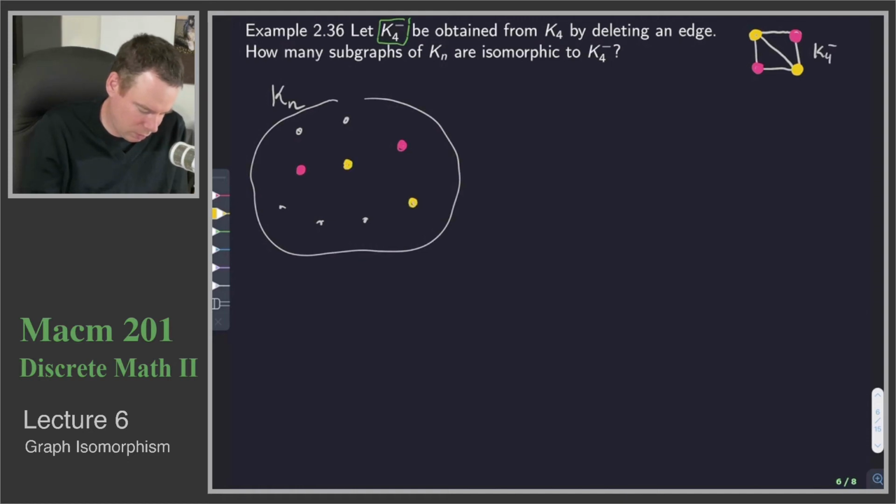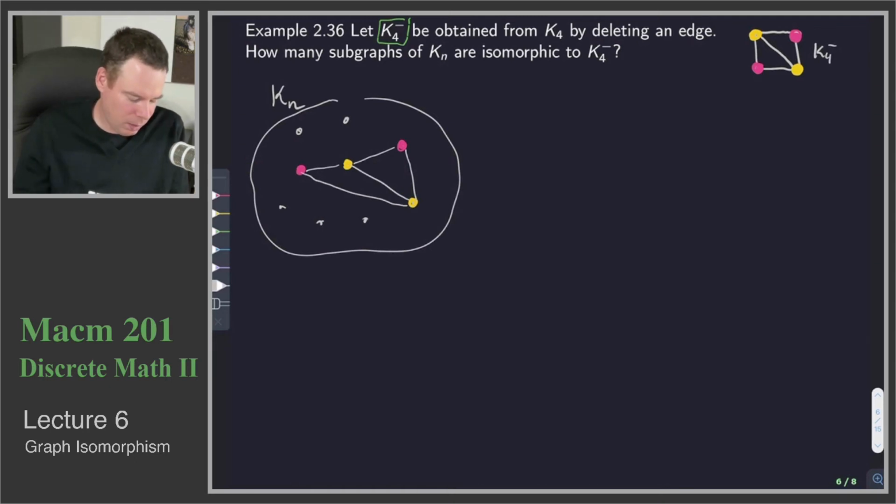So then these determine the subgraph K4 with the edge removed, because for the yellow ones, I connect them to everything. And then for the red ones, I just make sure they're connected to all the yellow ones and not each other. And there's our subgraph, K4 with an edge removed. And so that's how we're going to go ahead and count these things.